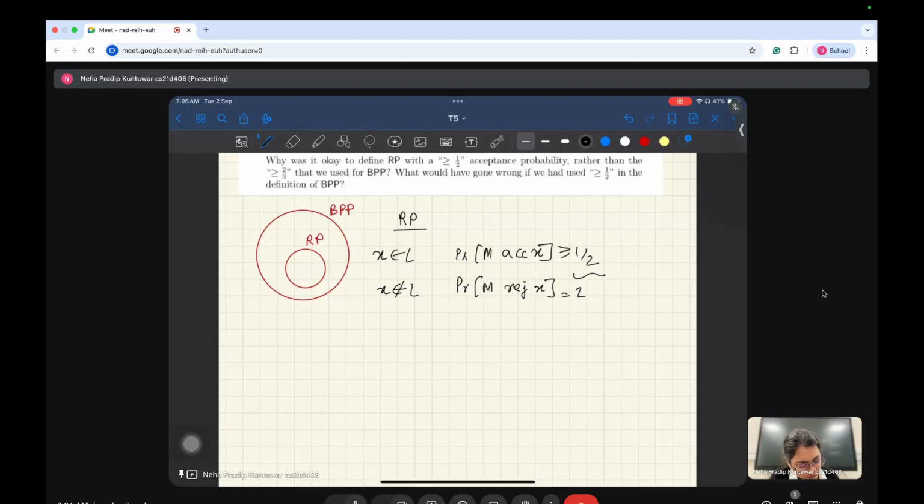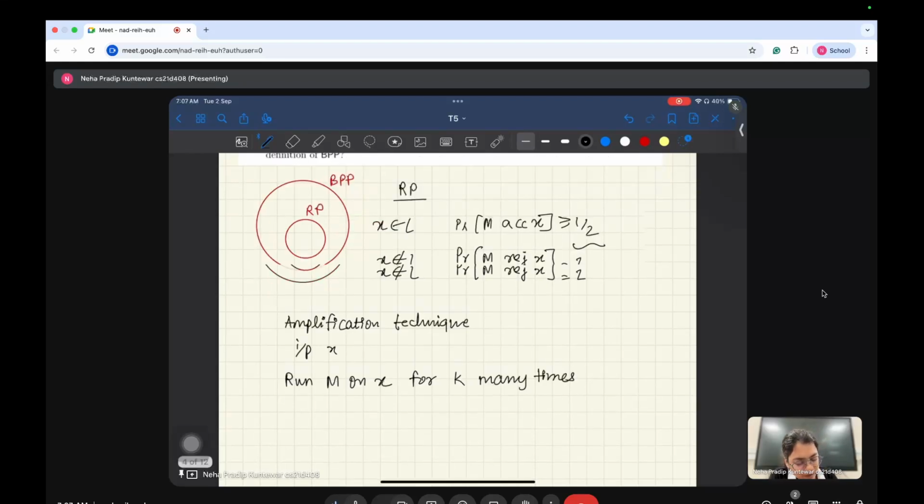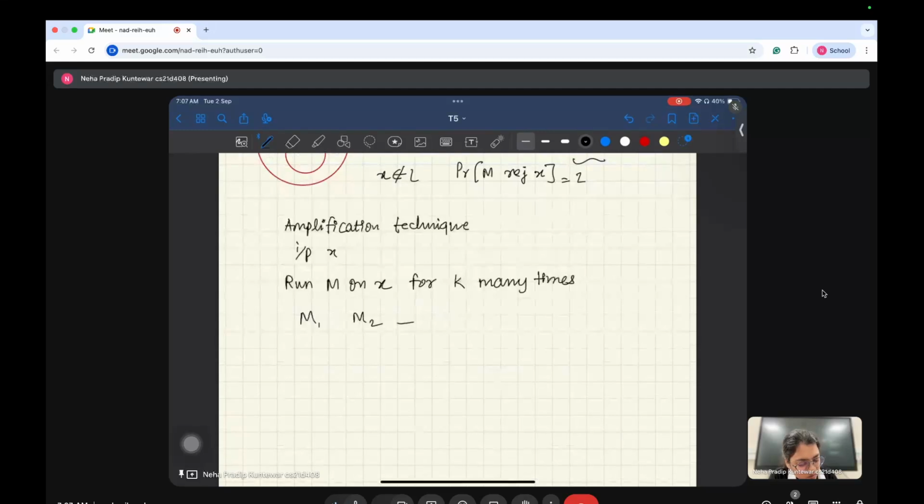This is what we call the standard amplification technique, where on input x we're going to run M on x for k many times. These are our independent runs, M1, M2, and so on up to Mk.